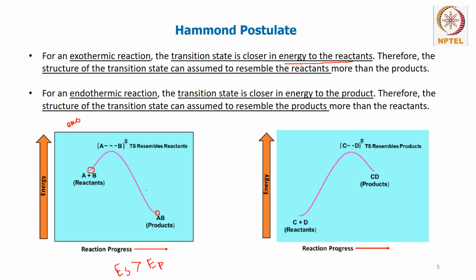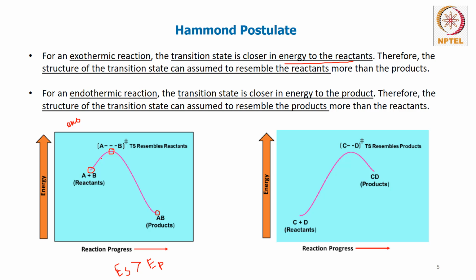In this type of reaction, the transition state is closer to the energy of the reactant. You can see very easily that this is the product energy and this is the substrate. As it is closer to the reactant energy, it has more resemblance to the reactant than to the product.